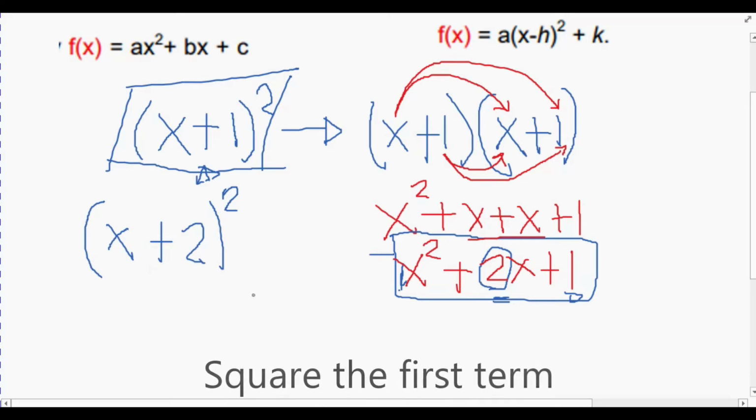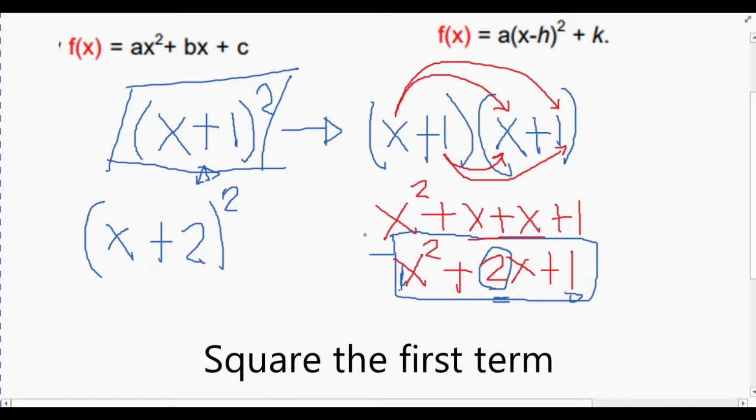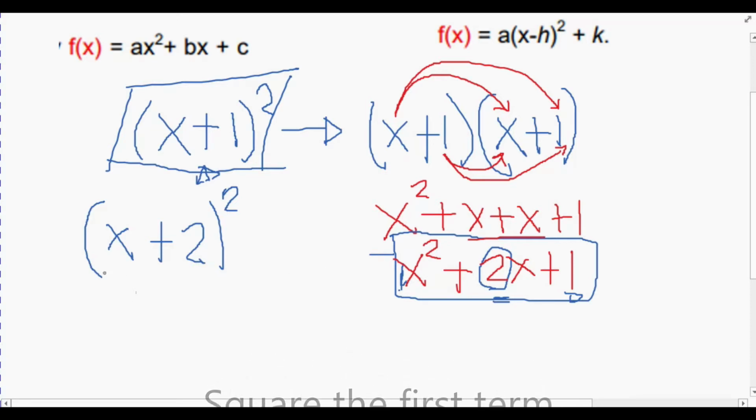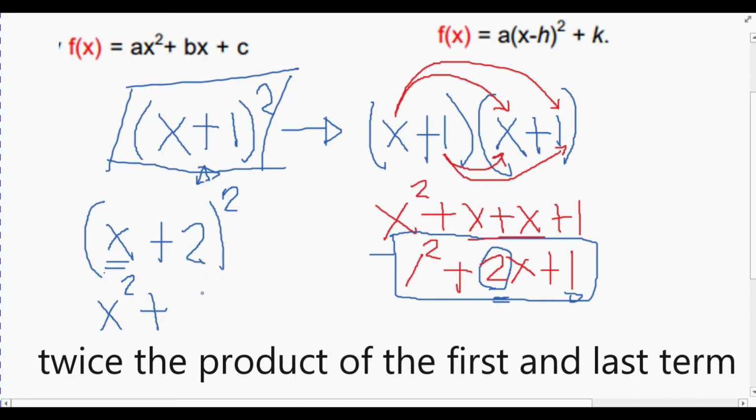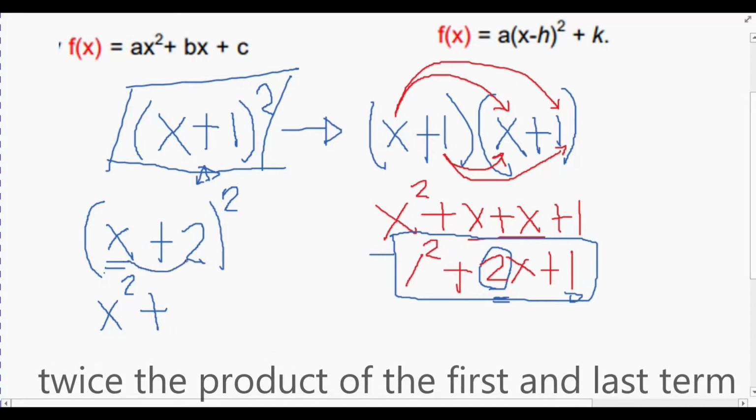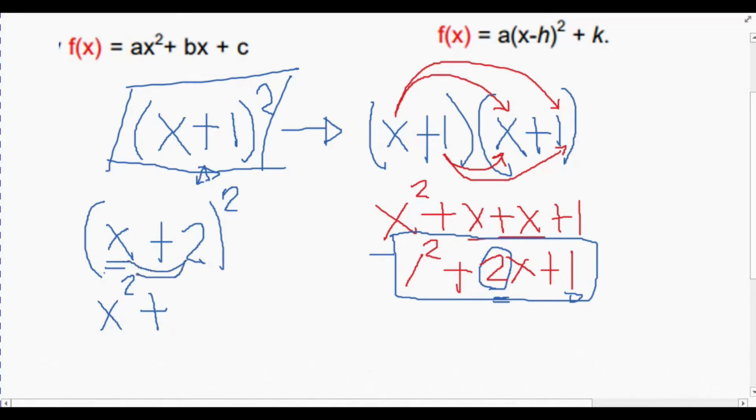The square of this binomial is a perfect square trinomial. So we square the first term, x squared, and then plus, if it is positive, twice the product of the first and the last term. So twice, meaning times 2.